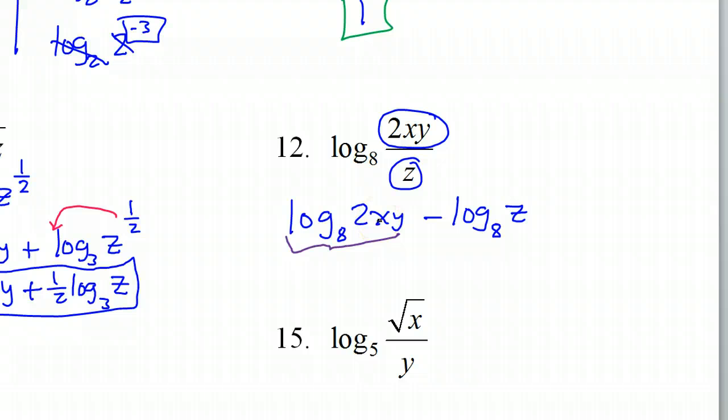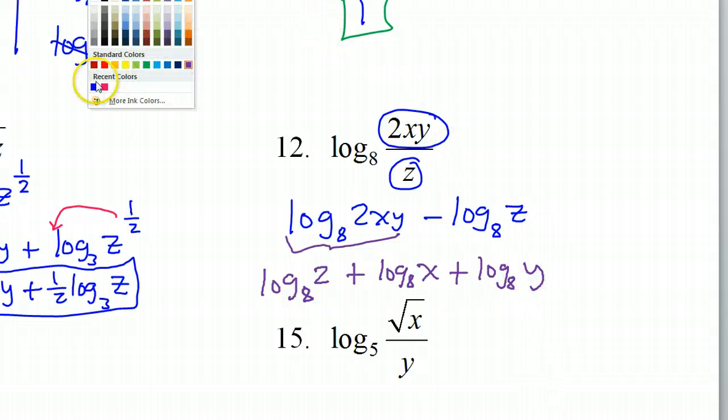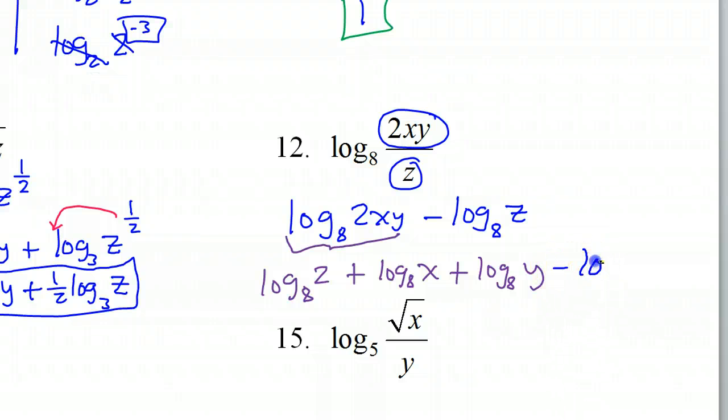You know what? My friend Mr. Allen told me not to do this in separate steps. See, I was about to do this. I did this step first with the quotient rule, and then I was going to split this up with the log base 8 of 2 plus log base 8 of x plus the log base 8 of y, and then I was going to tack on the minus log base 8 of z, and I'm still not done.